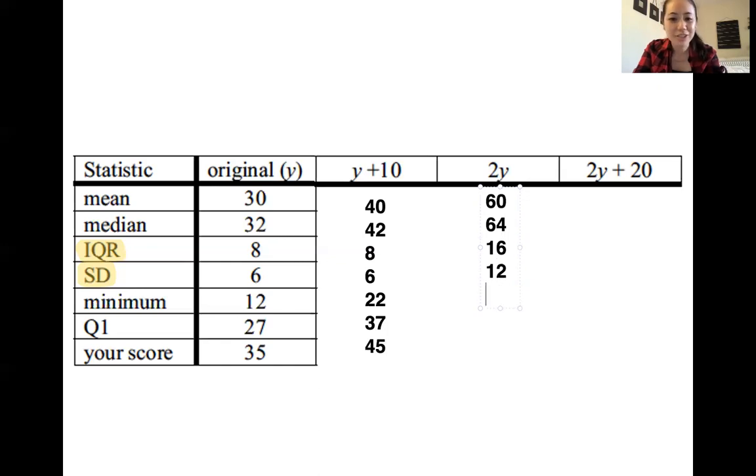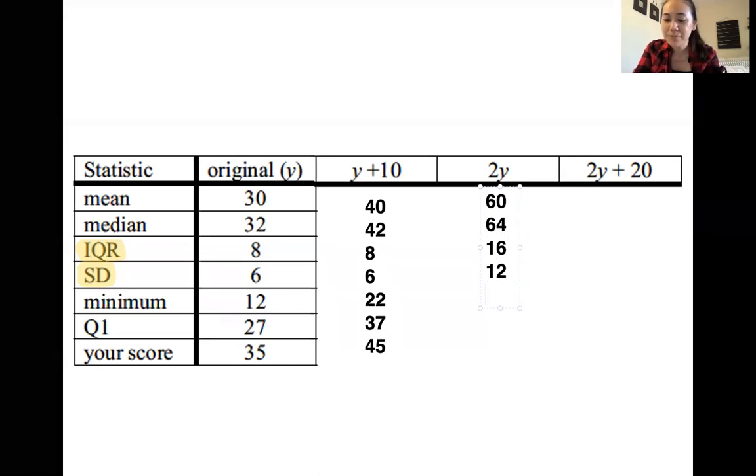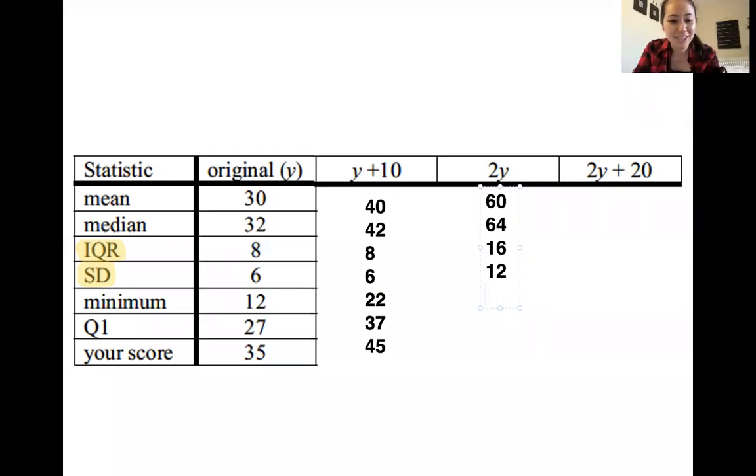All right, Winter, what about minimum? 24. 24, yes, good, nice. All right, and Q1, Jill, what is the Q1? 54. Good, 54. And let's go to Brendan for your score. It would be 70. Nice, good job.